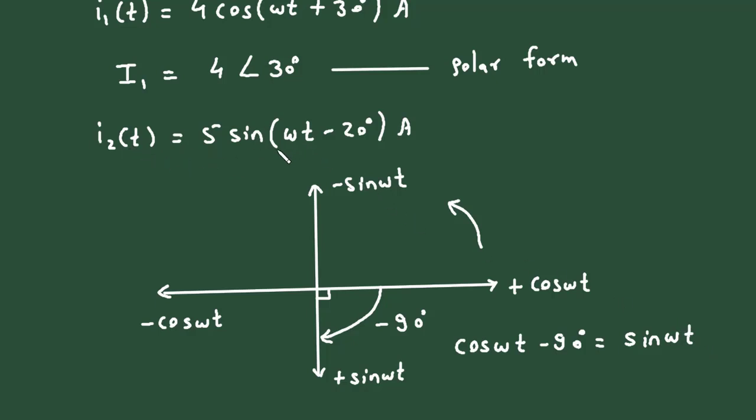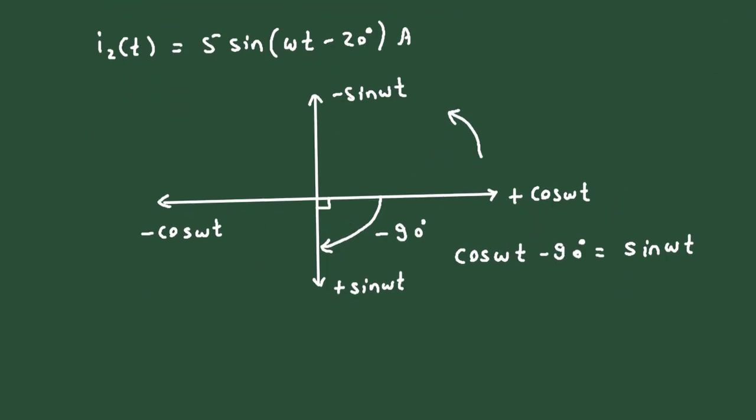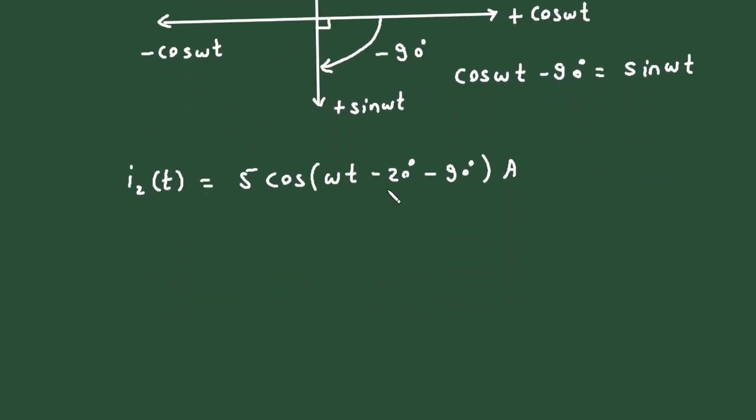Now we can change this sin to cos by subtracting 90 degree. So I2 of t is equal to 5 cos(omega t - 20 degree) as it is, then we have to subtract 90 degree, and ampere as it is, because it is current, so its unit will be ampere.